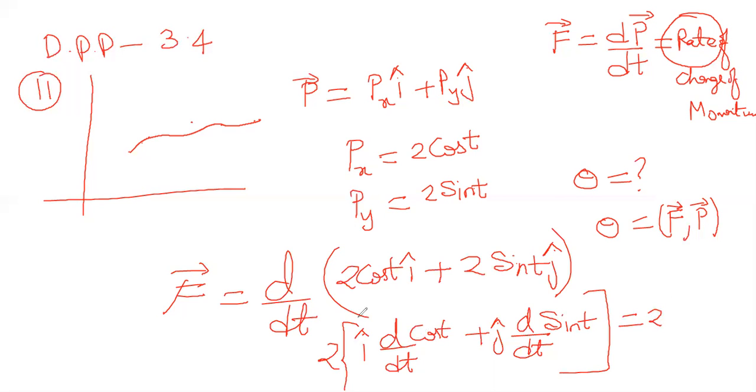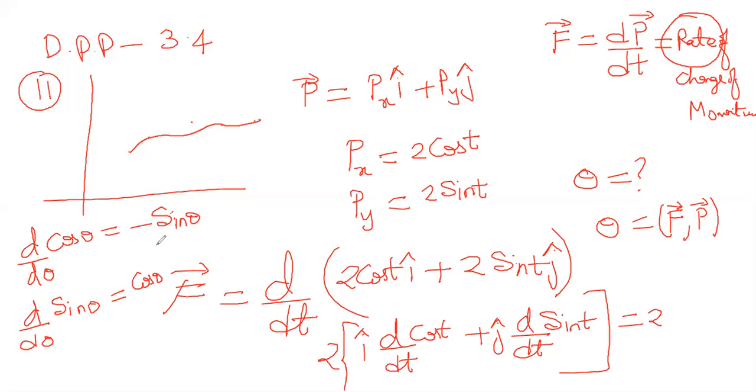What is cos t differential? D by d theta of cos theta is nothing but minus sin theta. You have to remember this. You will learn this in your maths again, in 1B, when calculus starts. Similarly, d by d theta of sin theta is cos theta.